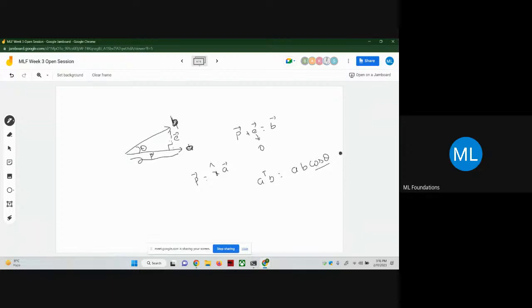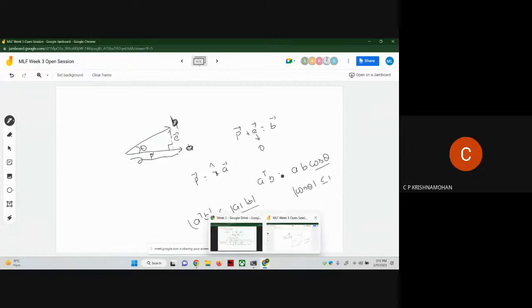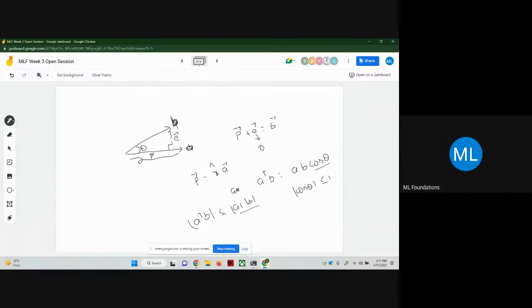So the mod of cos theta is always going to be less than or equal to 1. So basically a transpose b mod will always be less than or equal to mod a mod b. A dot b is nothing but a transpose b.